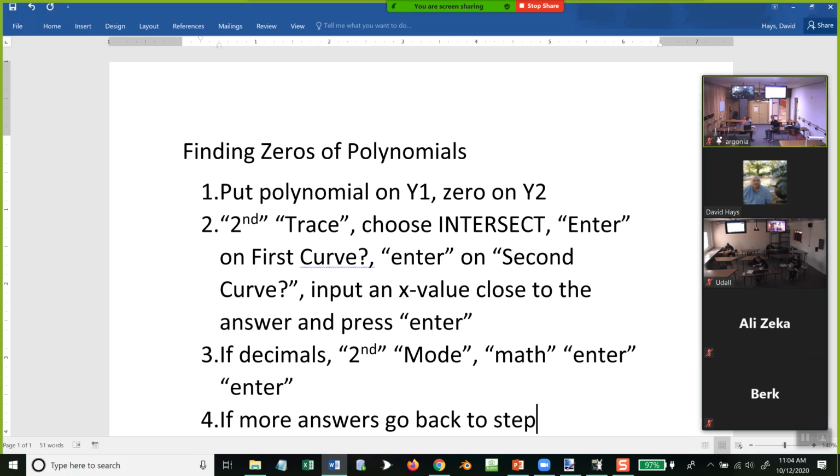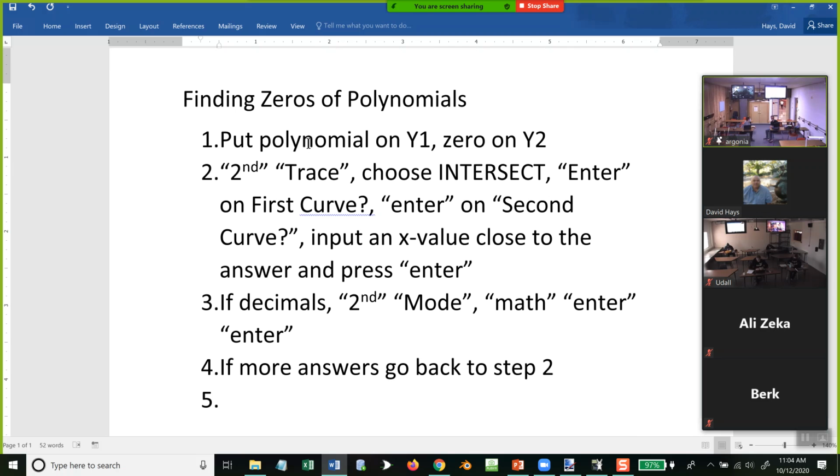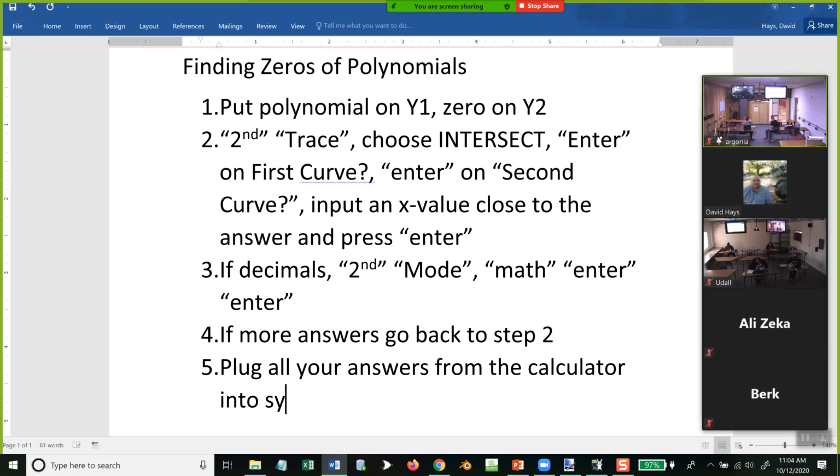Now, we should already have our polynomial on y1, 0, y2, so you shouldn't have to do that again. Then step 5, plug all your answers from the calculator into synthetic division and find the rest of the answers.